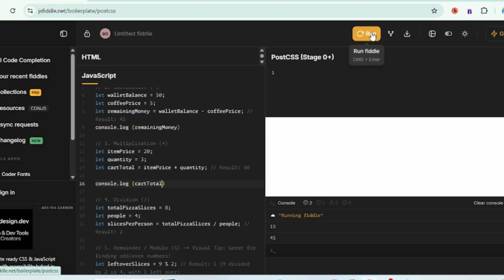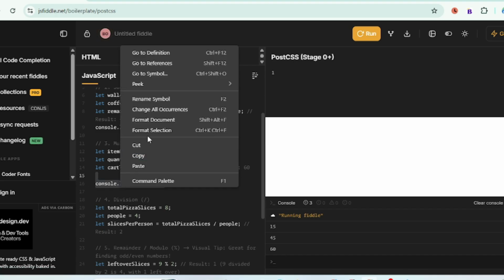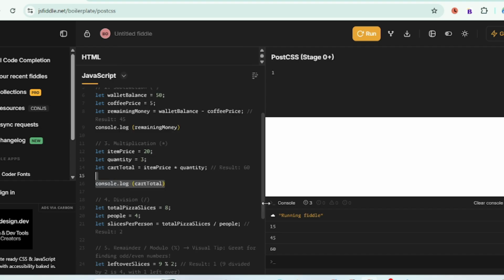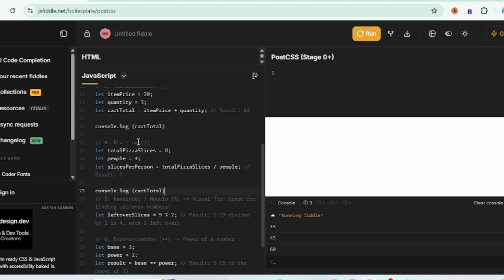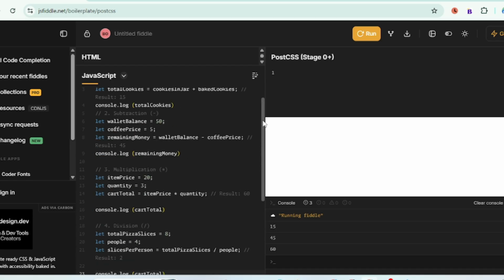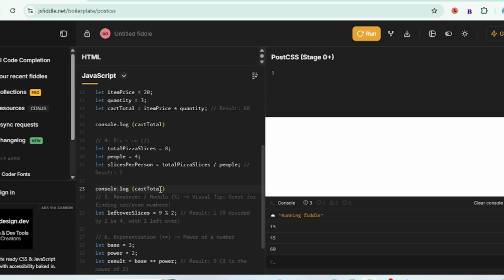So what we do here, yes, 60. And the same for here. What this one does is divide the value. This number 4 here is division. It divides the value. So what we're going to do here is slice persons.